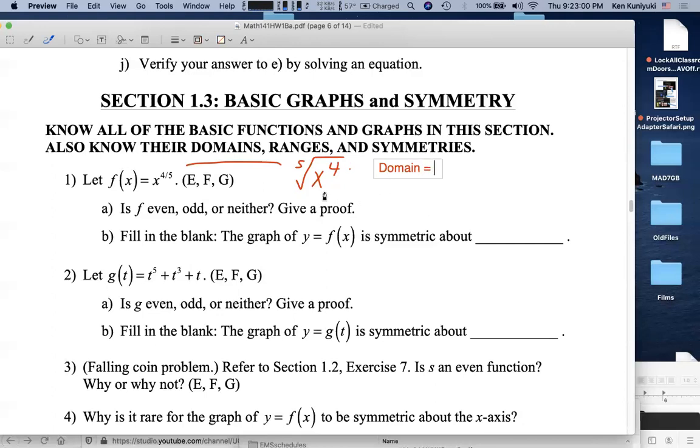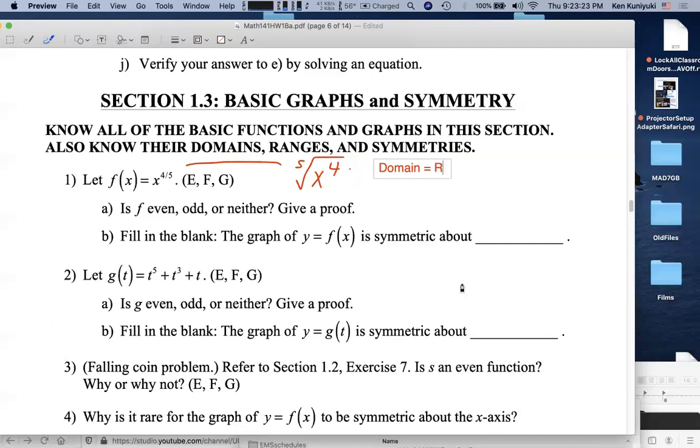All right. Well, are positive values for x okay? Sure. Is 0 okay? Well, yeah. 0 to the 4th is 0. The 5th root of 0 is 0, so 0 is okay. What about negative numbers? Well, I can take a negative number, raise it to the 4th, I get a positive number. The 5th root of a positive number is positive, and you are correct.